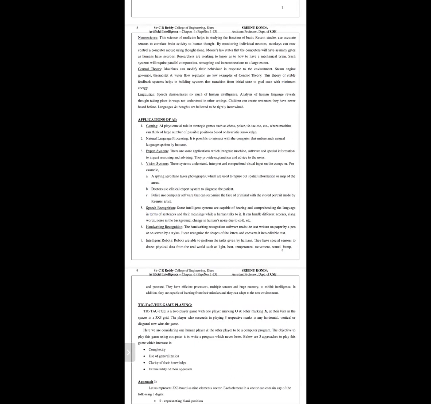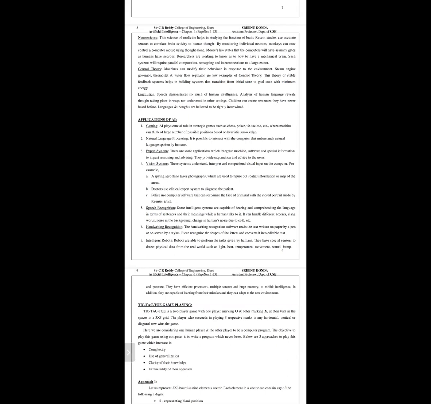It can recognize the shapes of the letters and convert them into editable text. That means whatever shape of the letters we write on the screen or on the paper, it is going to convert into editable text. Right? So that is handwriting recognition.